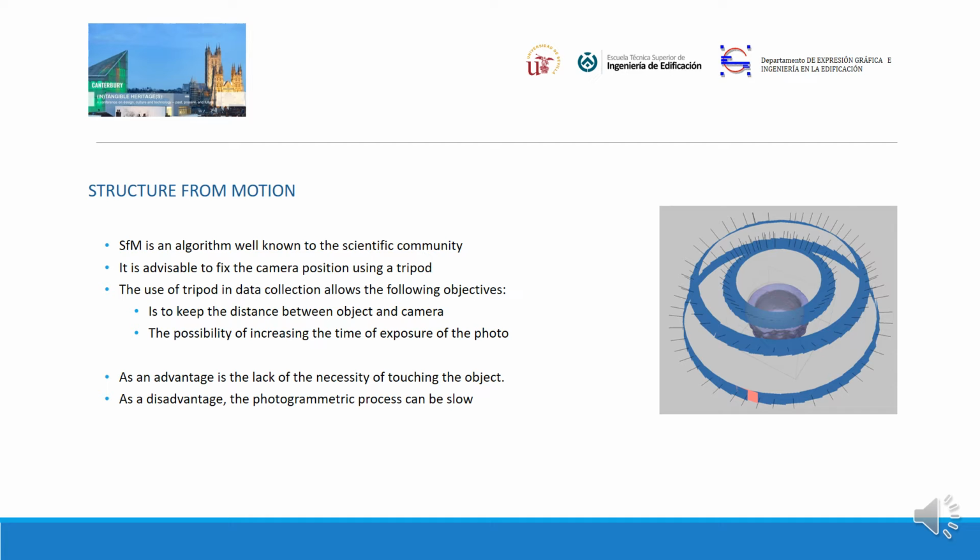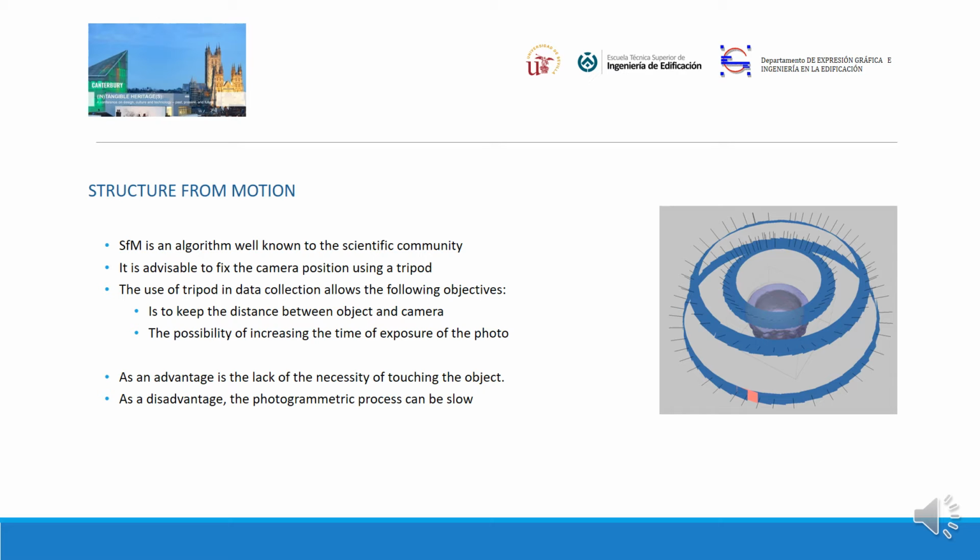The first is to keep the distance between object and camera and guarantee the acquisition by a perfect cycle around the object. The second is the possibility of increasing the exposure time of the photo, allowing it to catch a high amount of light, obtaining good depth of field for sharp photos.